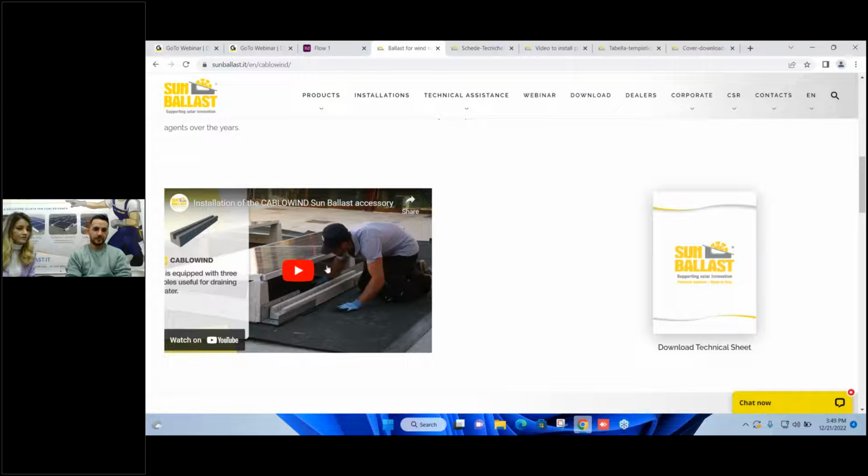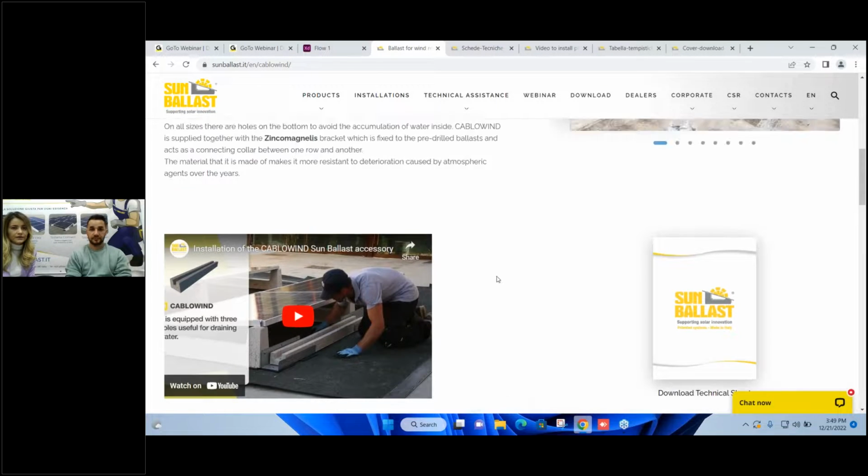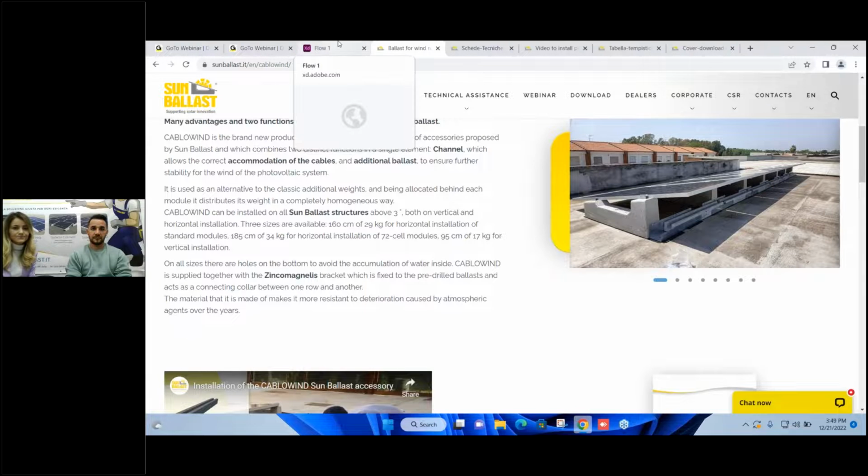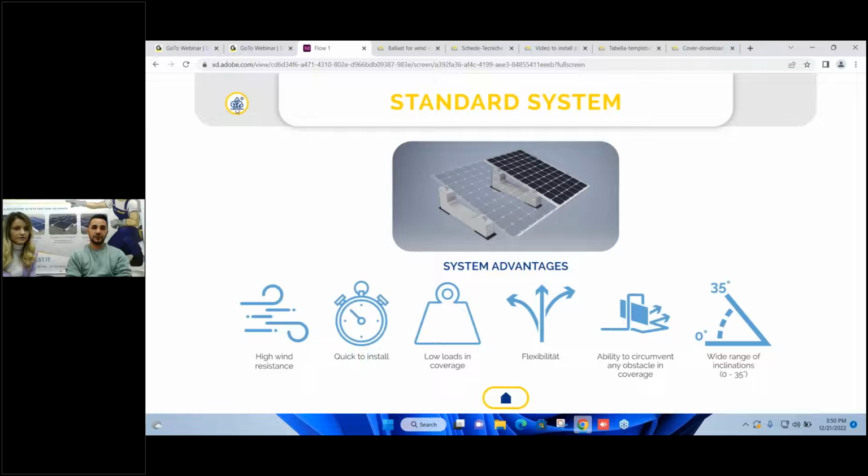Here you can see the video of installation with cabling, which is very easy to install, like all our systems. These are the typologies where you can use a Sun Ballast structure. There are probably other typologies we didn't mention, but we can say that Sun Ballast is compatible with all of them.